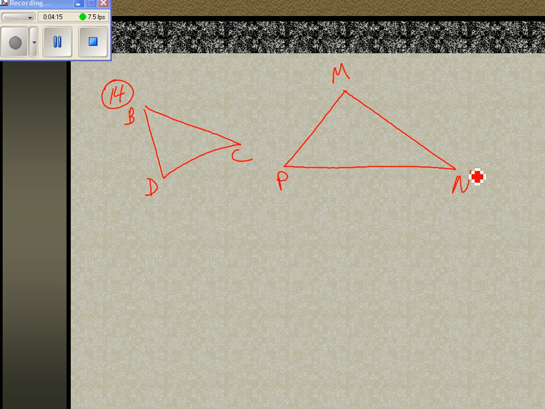It says, determine whether each pair of figures is similar, justify your answer. For these two figures to be similar, did I forget some other stuff?